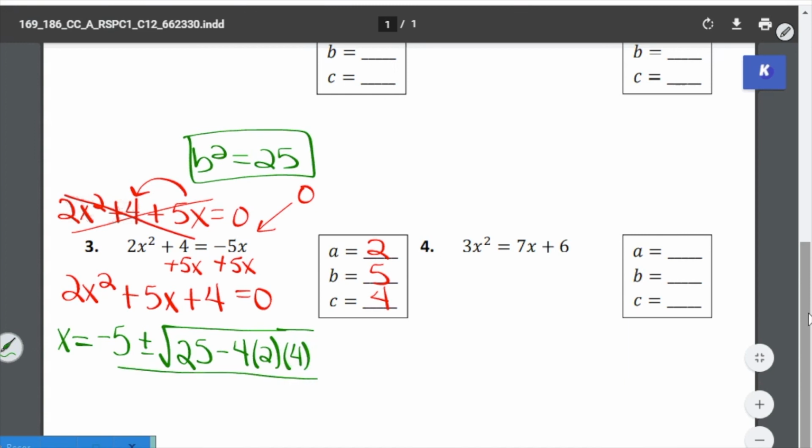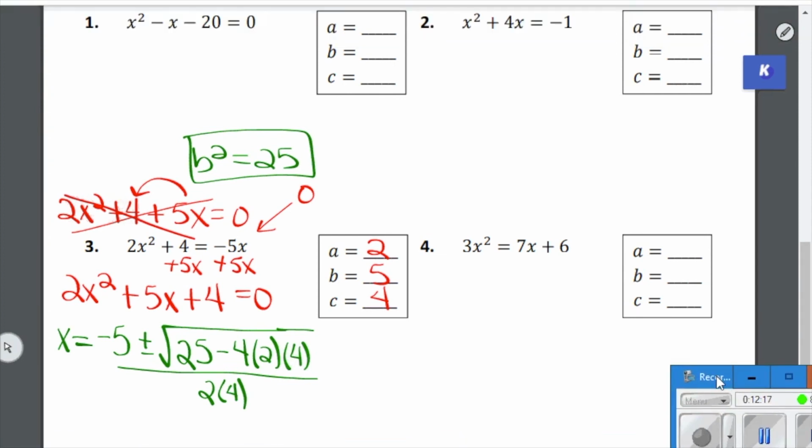And then 2 times 4. Oh, guess what? I get to move this thing one more time. Let's move it over here because we're not going to be using it. So let's see here. I get x equals -5 plus or minus. Well, I get 25. -4 times 2 is -8. And -8 times 4 is -32. All over 2 times 4, which is 8.